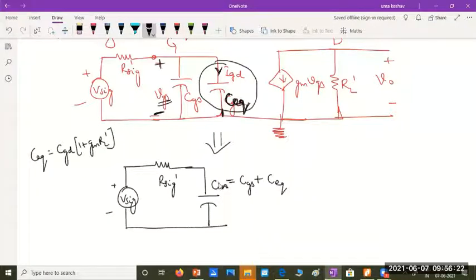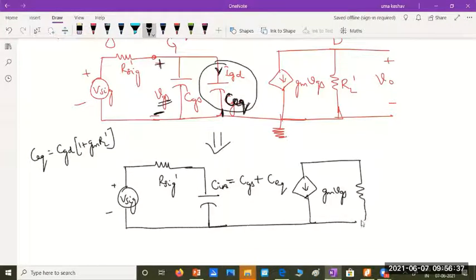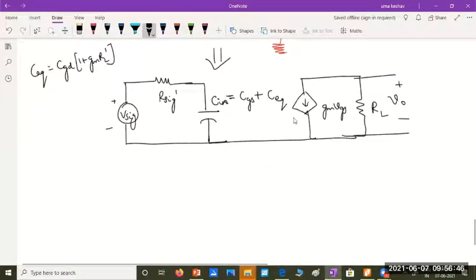And C in is these two combined together, which will yield one single capacitance. As usual, on the output side, we have the dependent current source in parallel with the combined load resistance RL dash. So now we have the simplest form of this circuit. Whatever circuit we started off with for the high frequency model, we have it in its simplest form now.